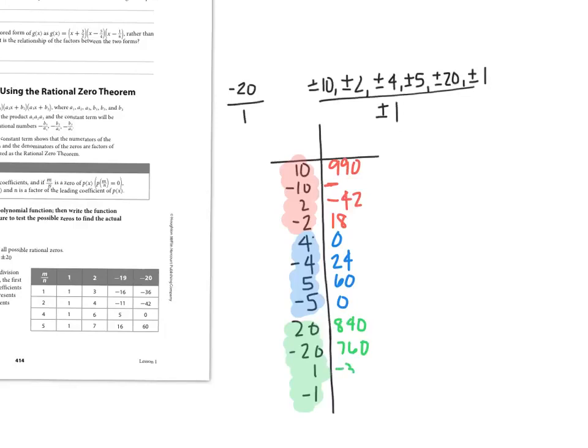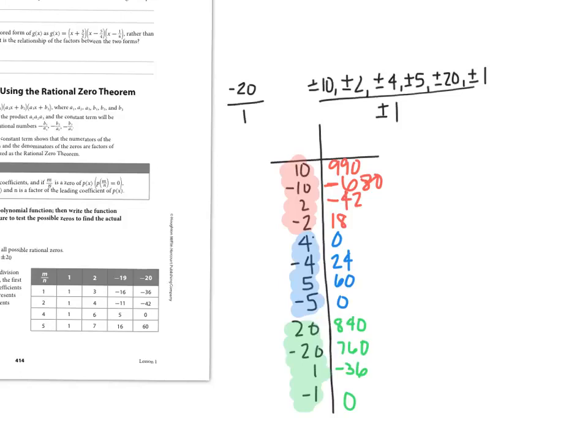What about negative 1? You got 0 for which one? Oh, okay, yeah. Negative 1, you got 0. Okay, that makes sense. Negative 10 is negative 630. I think it's 630. Yeah, that's negative 630 for that one. Okay.